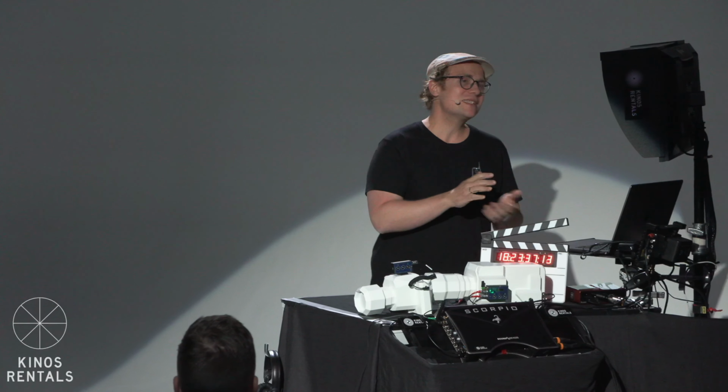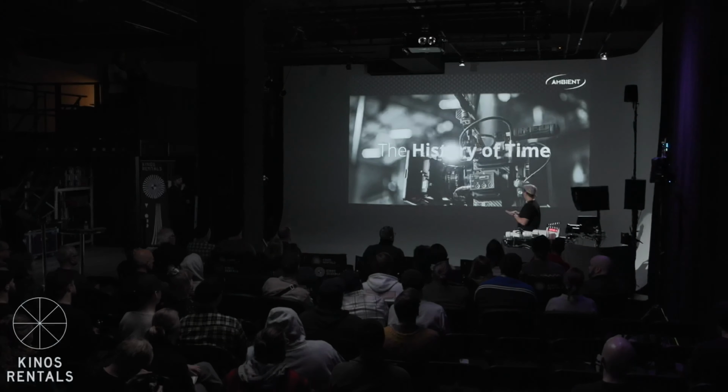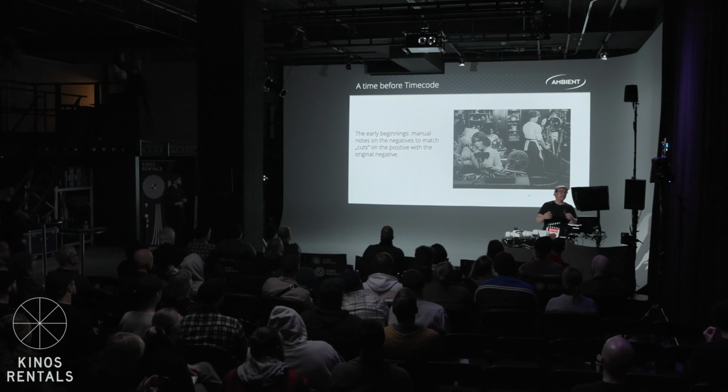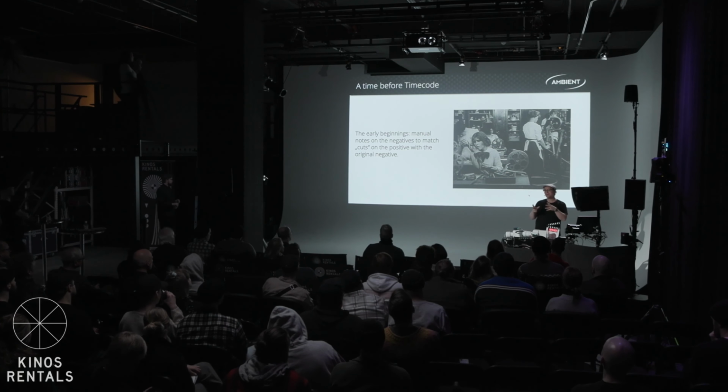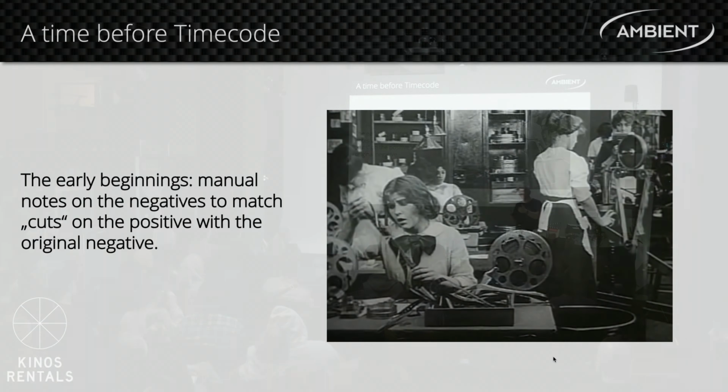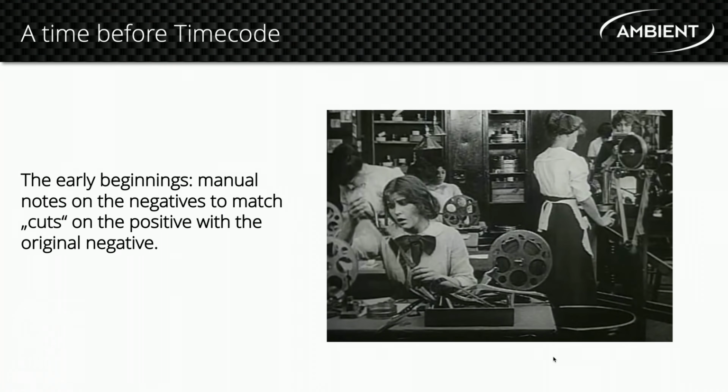But now, let's look a little bit in the history of time. How did timecode come up? Why do we need all of that? Actually, the need for something like a reference point in editing really goes far back in time when they were shooting on celluloid still.